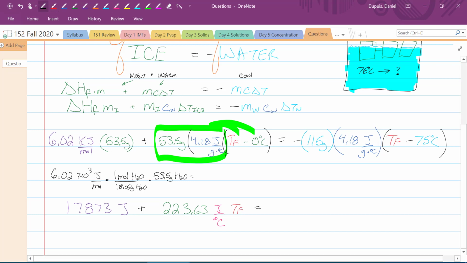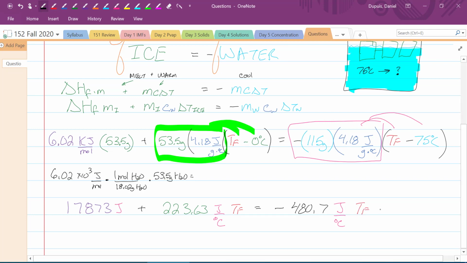Equals, again, I have to do this first and then distribute. So 115 times 4.18 is 480.7. So that gives me negative 480.7 joules per degree Celsius times T_F.